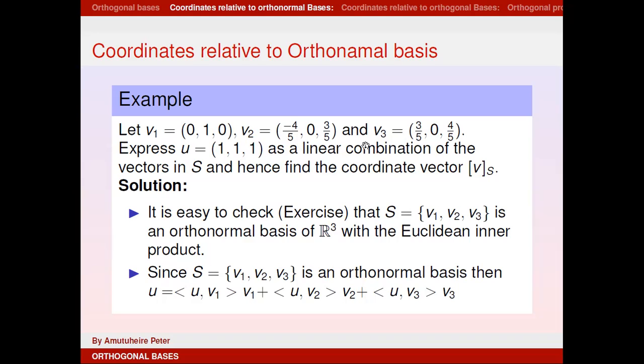Inner product of U, V2 is minus 4 over 5 plus 0 plus 1 over 5, so it gives us minus 1 over 5. Inner product of U, V3 is 3 over 5 plus 0 plus 4 over 5. That one gives us 7 over 5.